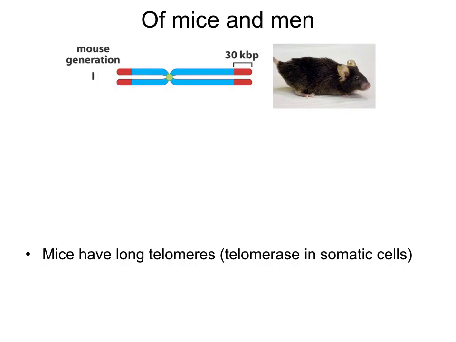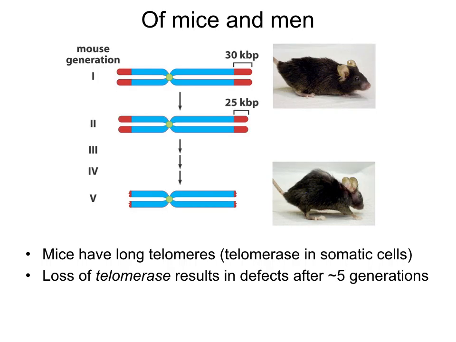So in fact, if mice lose telomerase activity, one will see that their telomeres shorten about 5 kilobases a year, but it's really not until the 5th or 6th generation that one starts to see phenotypes associated with these shortened chromosomes.